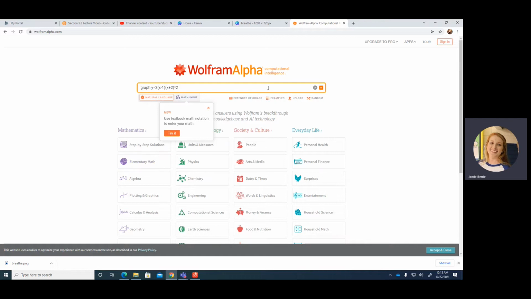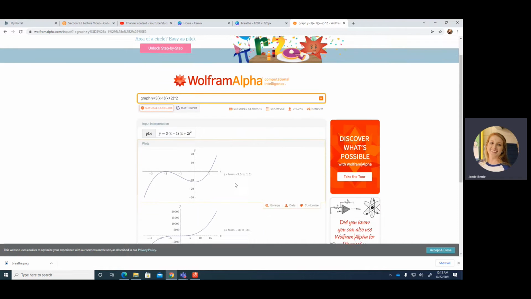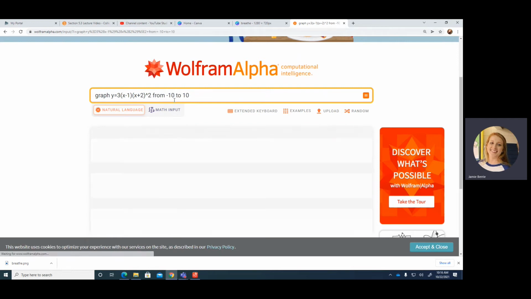Wolfram Alpha is like an online calculator. Super helpful. I'm going to graph that, and there we go. This is what yours should somewhat look like. We can plot it, if I'm smart enough to figure that out.